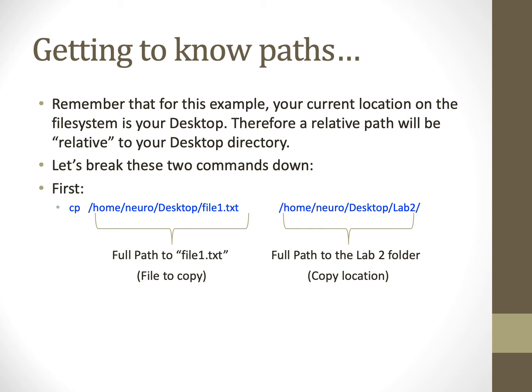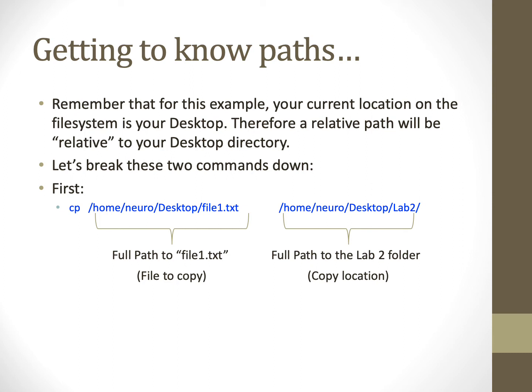For example, let's break down these first two commands. First, we're asking you to copy file1.txt from your desktop to a lab2 folder that you will create. The first argument corresponds to a full path of file1.